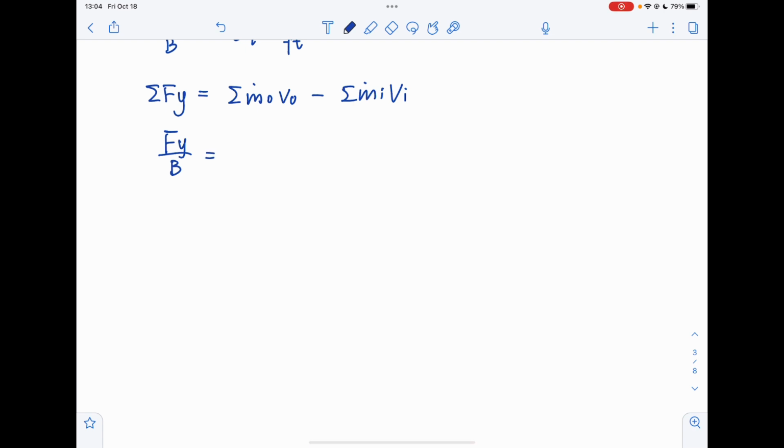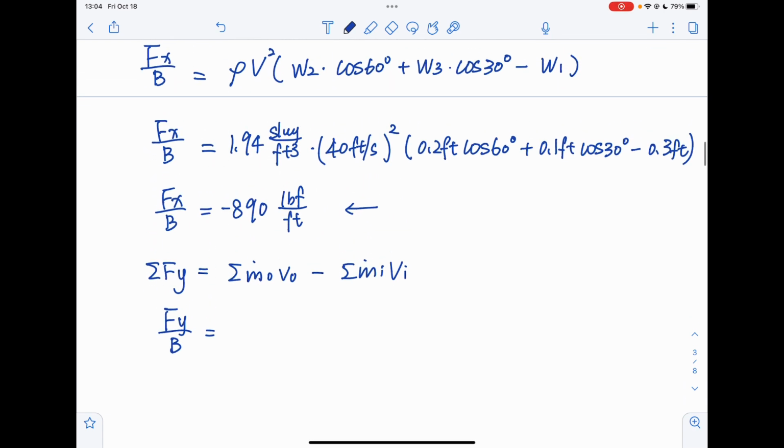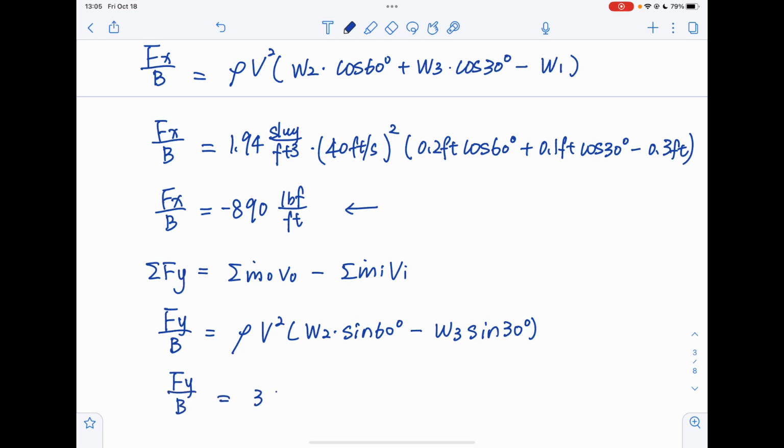Fy over b equals rho v squared times w2 times sine 60 degrees minus w3 times sine 30 degrees, which will give us 382 lbf per foot, and the direction is upward.